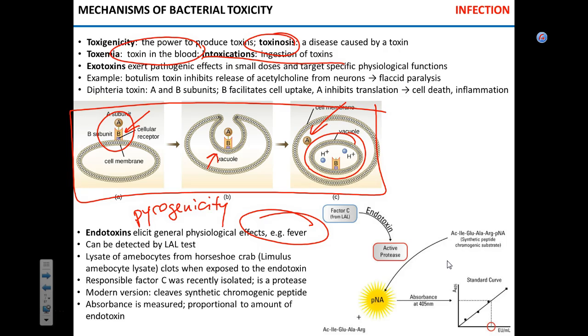So anything that is injectable, anything that goes into the bloodstream must be tested for the lack of pyrogens, lack of those compounds, lack of bacterial endotoxin. Does that make sense so far?